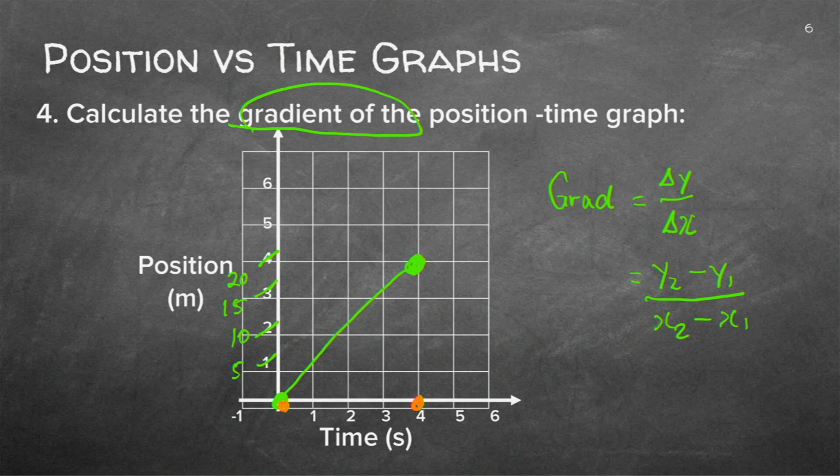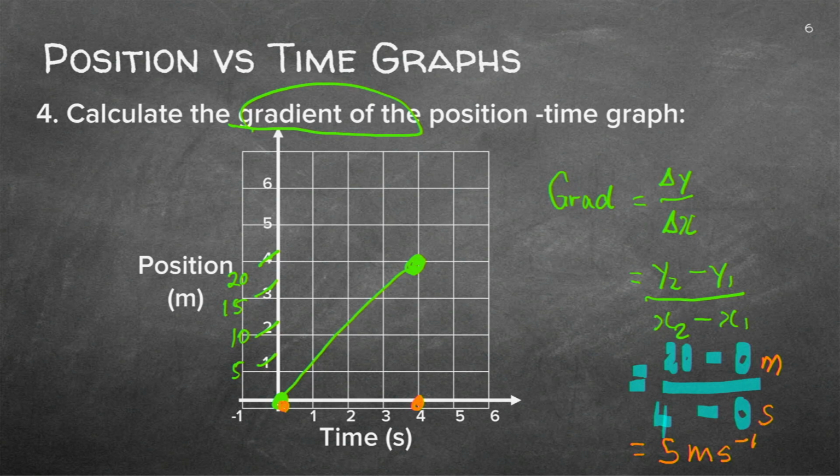I've got here y2 as 20 meters. My y1 is 0. My x2 is 4. And my x1 is 0, which will give me a correct answer of 20 divided by 4, 5. Remember, this was meters and this was seconds, so it's 5 meters per second. That was the gradient of the position time graph.